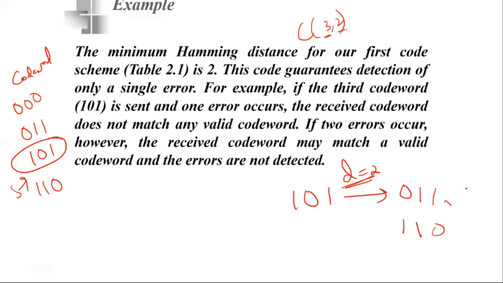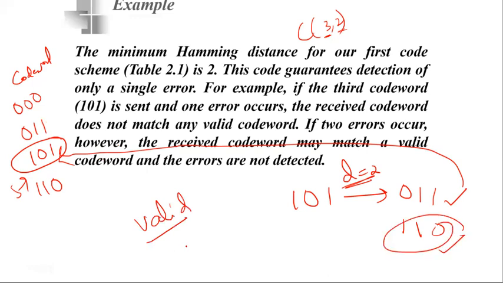When it receives 011, it will go back to the table and check whether it has 011. Yes, we have 011 in our table, so it will think that this is a valid code word. The same thing will happen in this case. So both of them are valid code words, and the receiver may think that the sender has sent either of these two. This is the reason we are not able to detect.